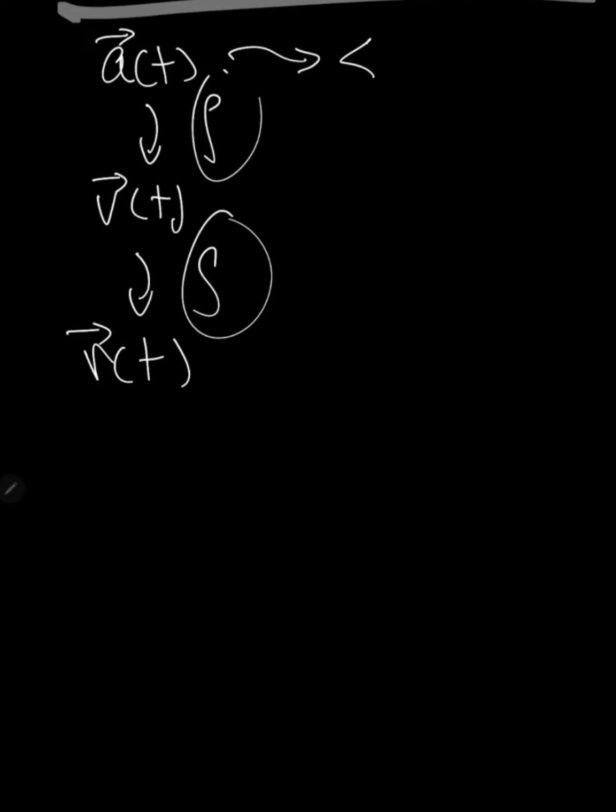Then this would be 0, 0, minus 32 feet per second squared, or minus 9.8 meters per second squared. When you integrate, you're going to get exactly what you would expect.